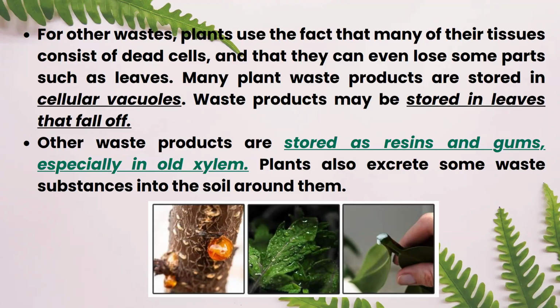Many plant waste products are stored in the cellular vacuole, and waste products may be stored in the leaves that fall off. If the leaf falls down, the waste material in it also comes out through the leaves itself.